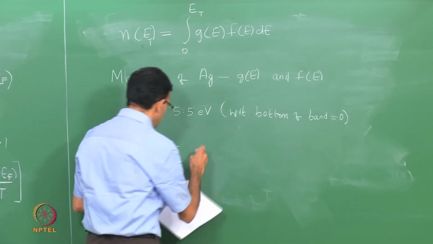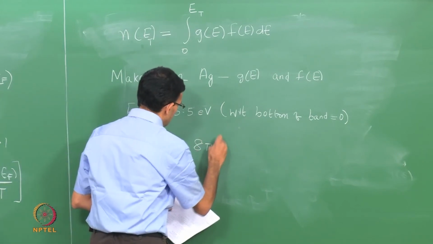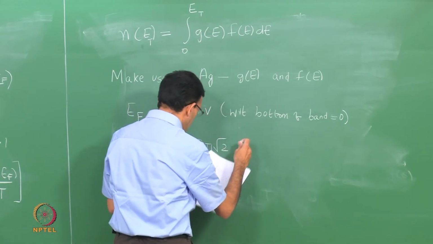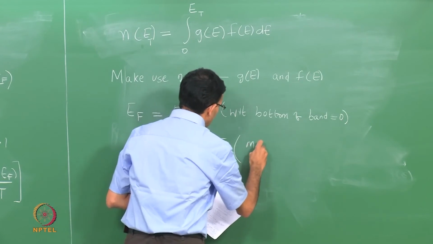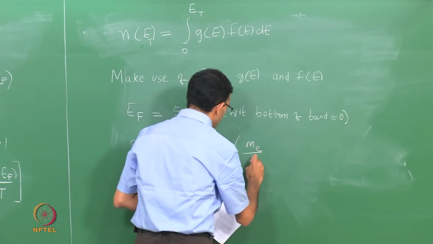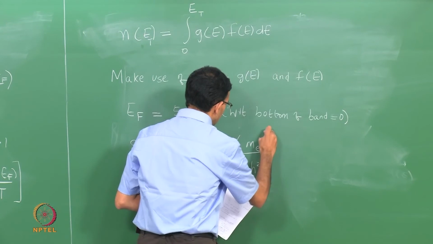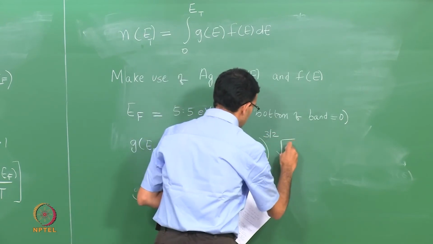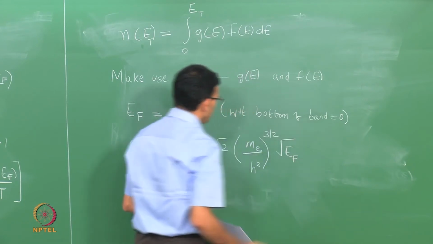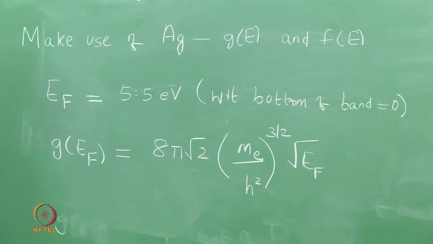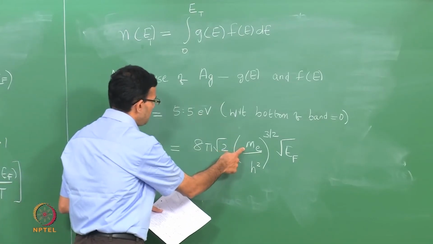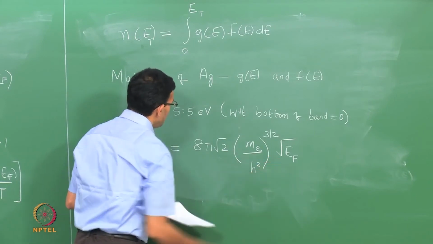That expression, as we saw earlier, is proportional to square root of the energy. It also depends upon the mass of the electron. In the case of silver, the effective mass is very close to the actual mass of an electron. So, I have just left it as Me, and Ef is the Fermi energy.